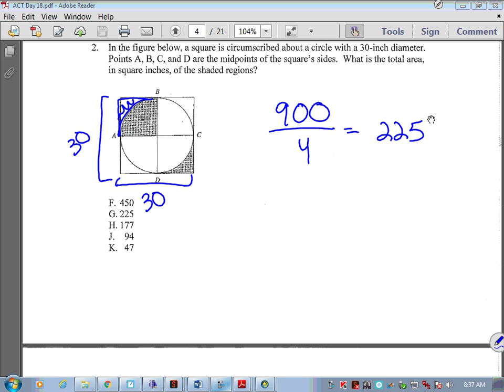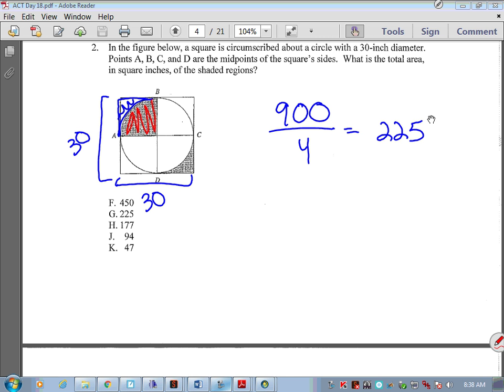What I did is I found the area of the entire square, and then I divided it by 4 because there's 1/4 of the circle. I found the area of the circle and divided it by 4, and that would have given you this right there. And I found the area that's like 1/4 of the square, and then subtracted.